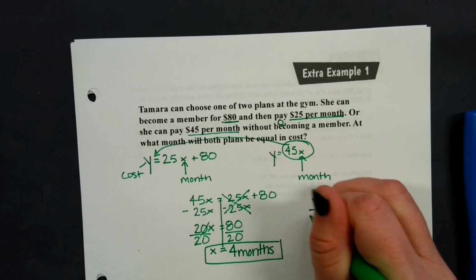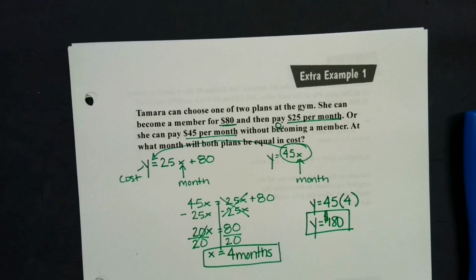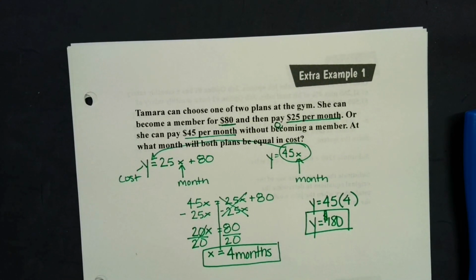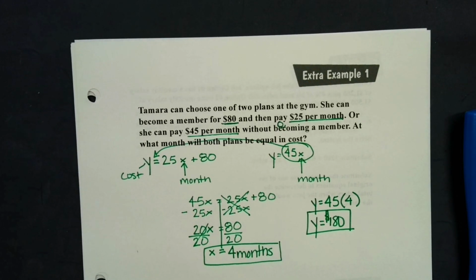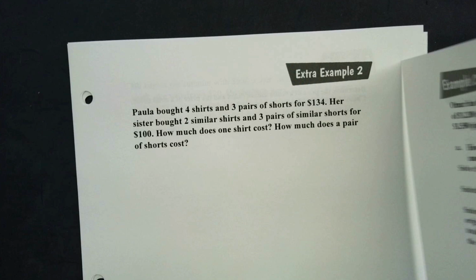Again, do you notice I'm labeling? We're actually going to skip example 2, which is going to be skipping a lot of slides. So we're going to jump all the way over to the example right above example 3 where it says Paula.